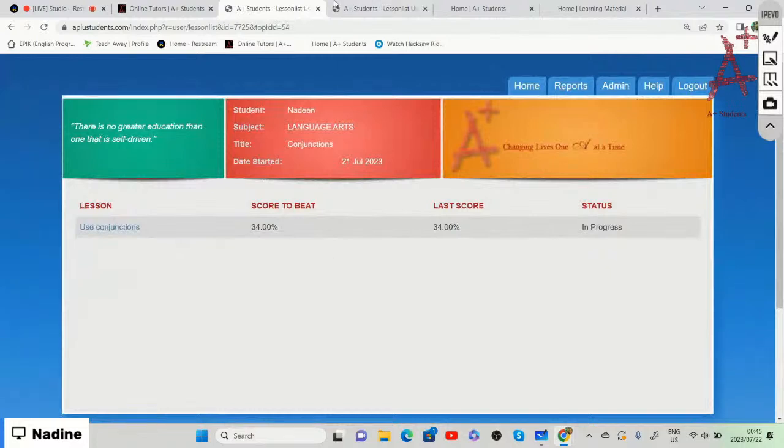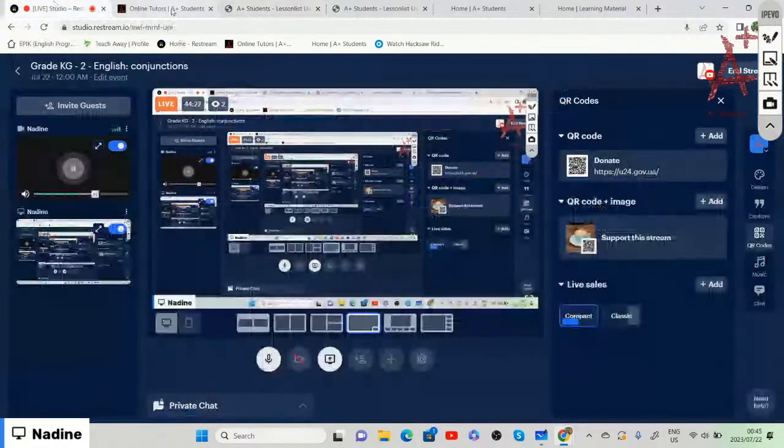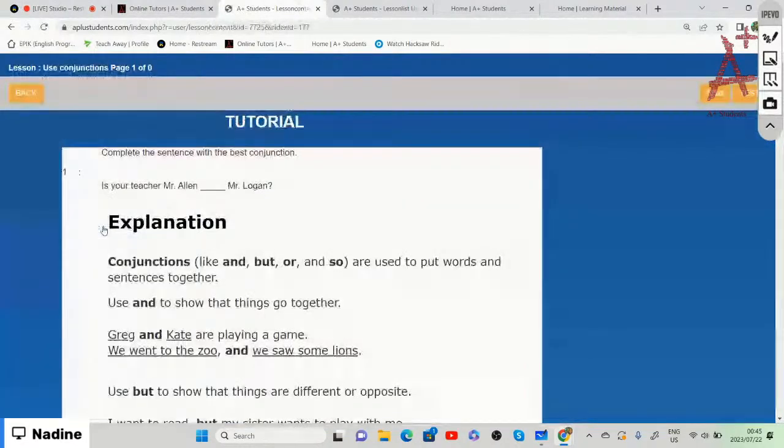All right. So that is basically the end of our kindergarten to grade 2 lesson using conjunctions. And remember we said that a conjunction is words like and, but, or, and so, and it is used to put words or sentences together, right?